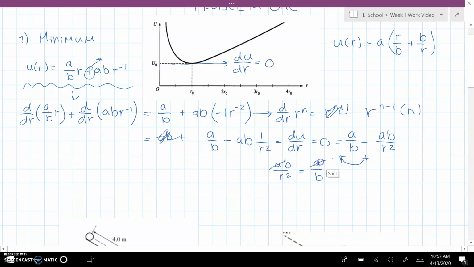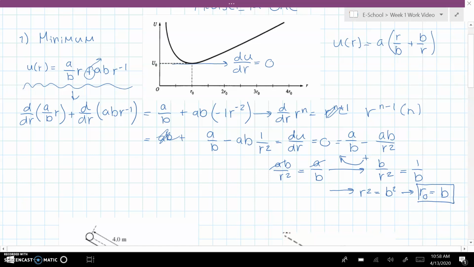They're both on the top and on opposite sides of my equal sign. That leaves me with b over r squared is equal to 1 over b. You can cross multiply here, however you'd like to simplify this, and you end up with r squared is equal to b squared, which implies that r naught is equal to b. So for that first part, you're going to end up with r naught is equal to b.